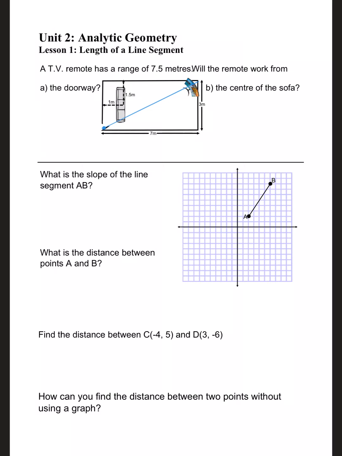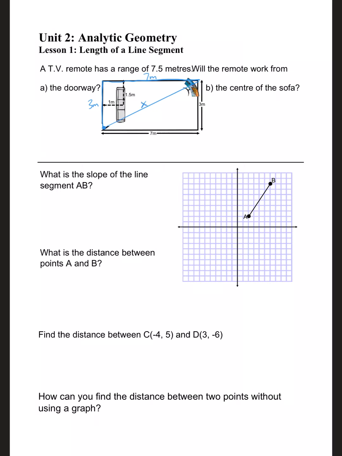We can see that we've created this triangle, and they've labeled parts of this room. We know that this side of the wall is 3 meters and this side of the wall is 7 meters. So we're essentially trying to figure out, will the remote work from the door to the TV?